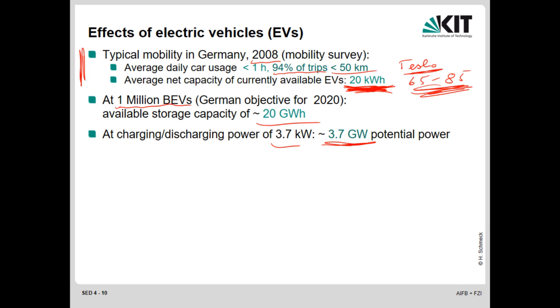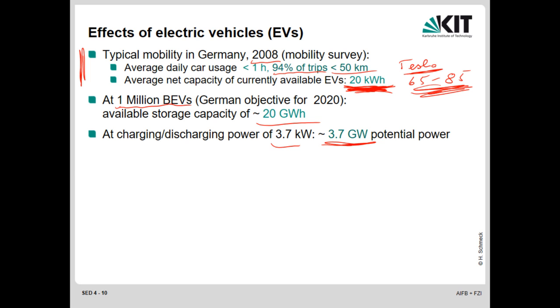Now, this is the global view. If all the vehicles would be connected, and we know they would be connected in the low voltage grid, that can pose some problems to provide power for the upper levels, but at least we could provide some power from the electric vehicles.